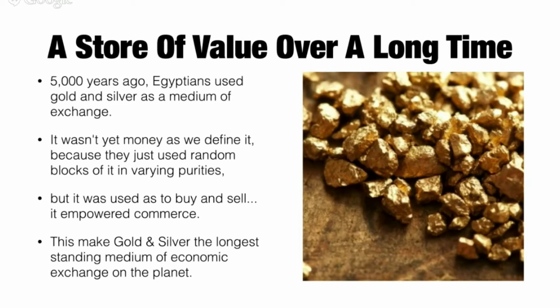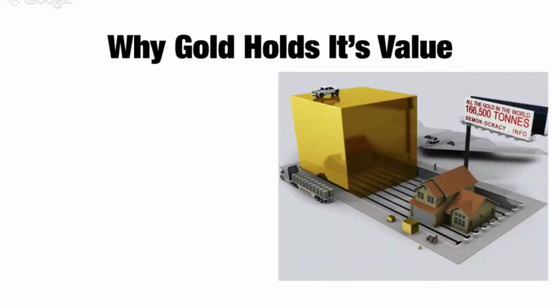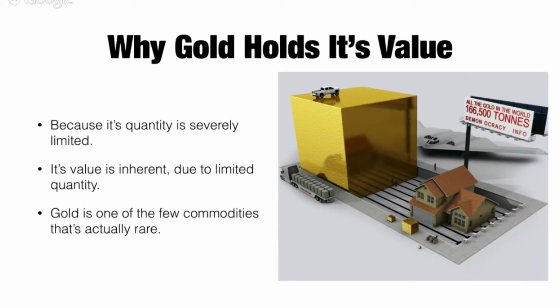Nice. Which, speaking of not an endless supply, I got this cool little graphic from democracyinfo.com. Because gold is severely limited in quantity, its value is inherent due to that limited quantity. Gold is one of the few commodities that's actually very rare, right? A lot of our other commodities aren't nearly as rare as gold is.